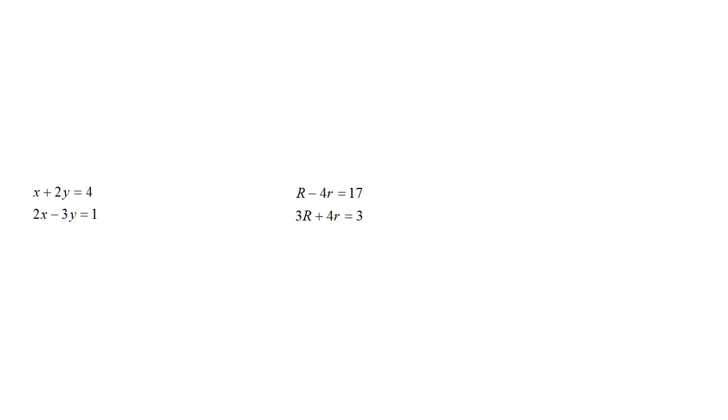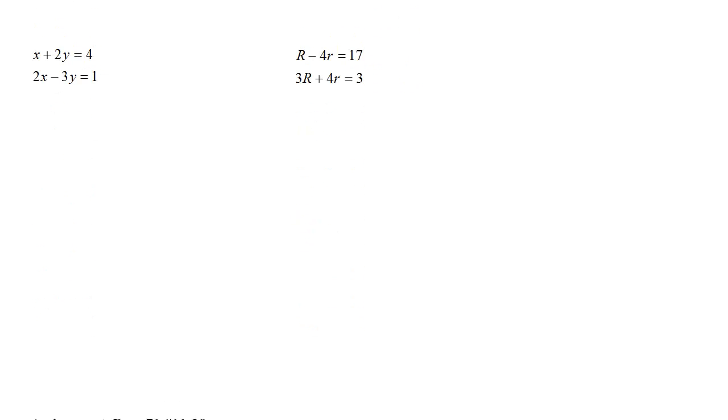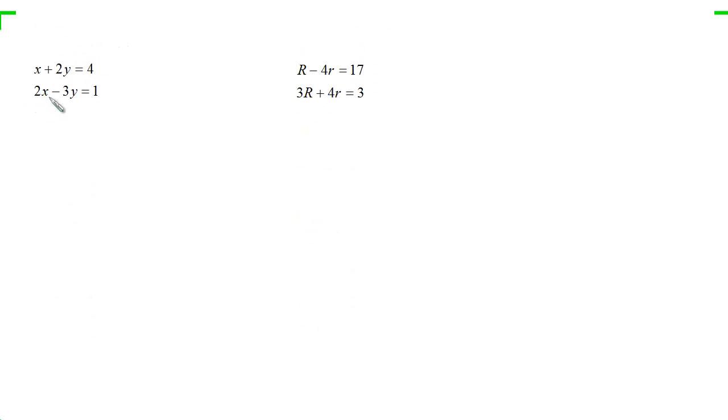2 more examples and we'll be done. I'm going to go ahead and multiply this one by a -2. So that's going to create -2x minus 4y equals -8. That's gone. Stacked add cancels.